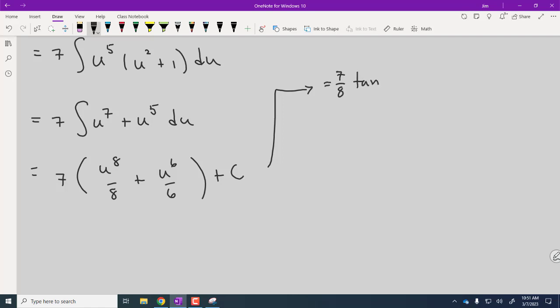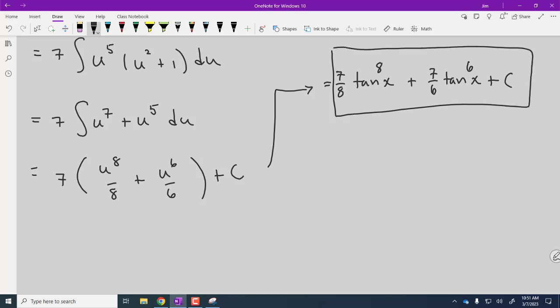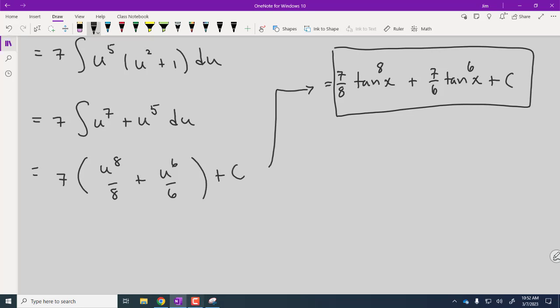It's just choosing the right substitution. That'll be our antiderivative. All good? All right.